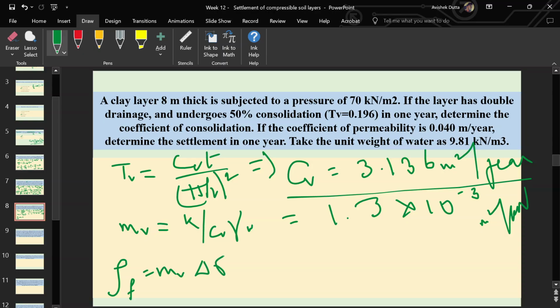MV del sigma into H0. Multiply MV, del sigma and H0, the thickness of 8 meter, del sigma is 70. The value you are getting is approximately 0.728 meters, right?